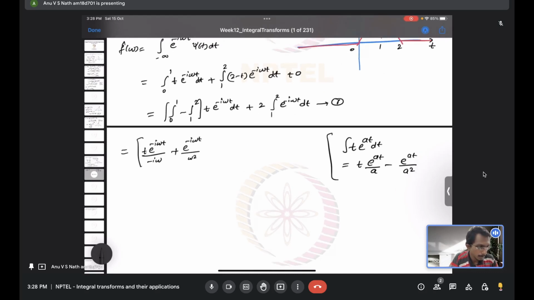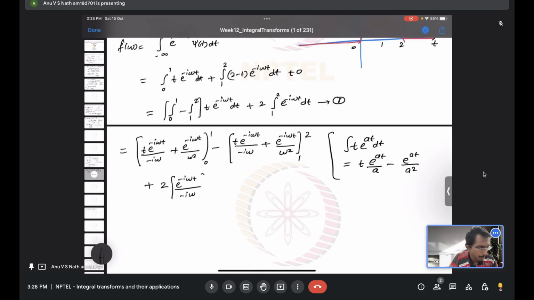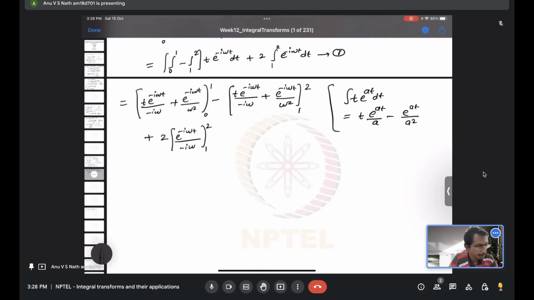So this we have to apply with limit 0 to 1, then subtract the same function with limit from 1 to 2, plus the last integral, which is 2 into e raised to minus i omega t by minus i omega, limit from 1 to 2.